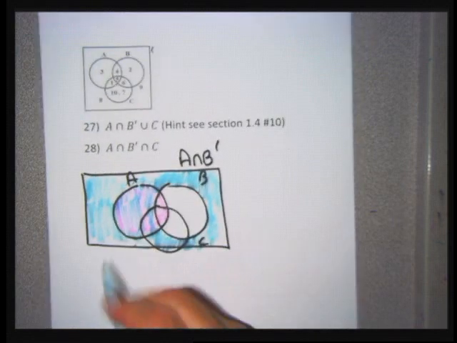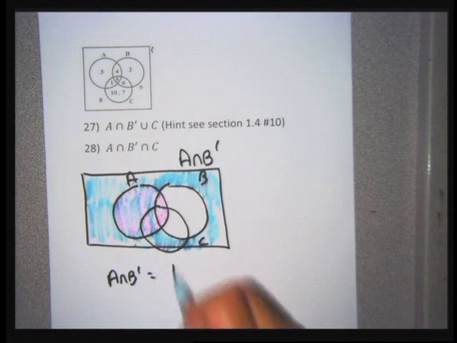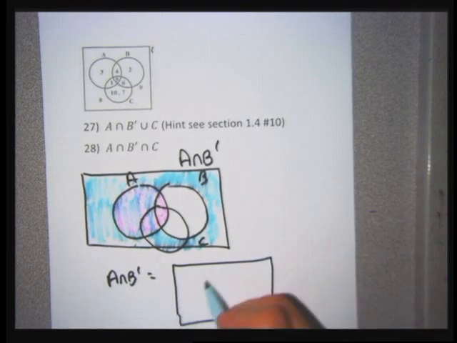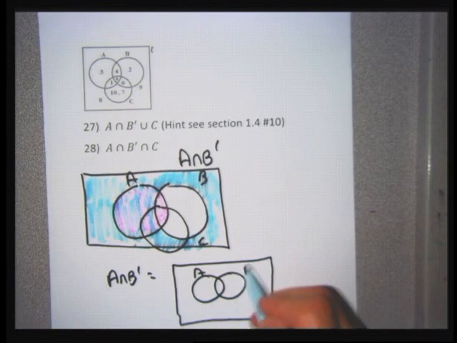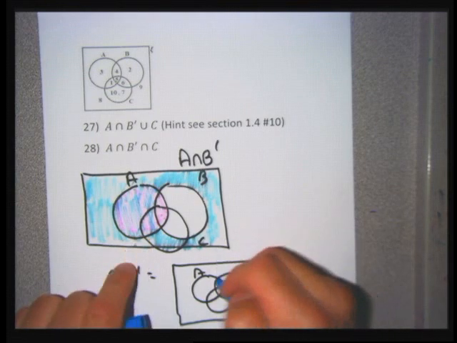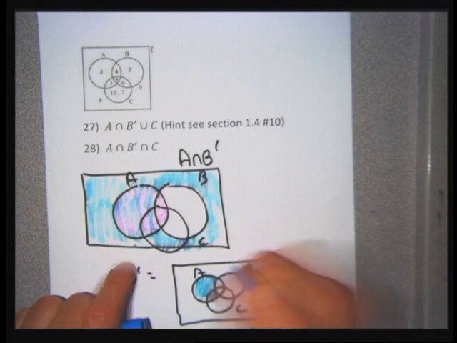A intersection B prime is going to be the region where both the shadings exist at the same time. So I have an A, B, and a C circle, and the region where all the shadings overlap is that region right there. So that's A intersection B prime.